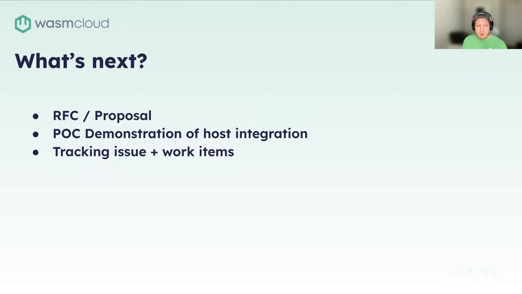And once we have agreement on the proposal, I'll also create a tracking issue with the work that needs to be done, outlining the initial scoping of the workload identity. I'm sure as we get further along, new things will pop up, new use cases will come up, which is great. But I think it's important to lay out what it would look like to initially roll it out across the host, provider, and components. So that's me.